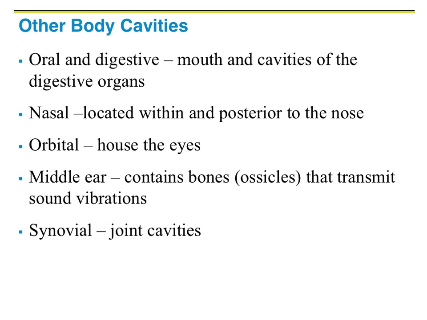These are some of the other body cavities that you need to be aware of, but you are not required to label on your test. We've got the oral and digestive cavity, the nasal cavity, orbital, which houses the eyes, the middle ear, and synovial.